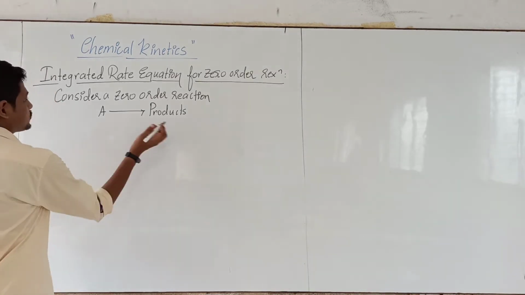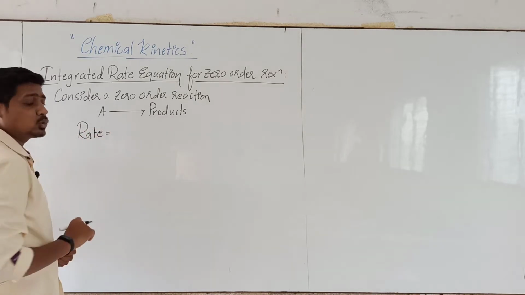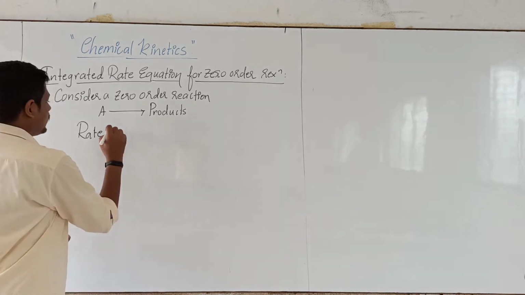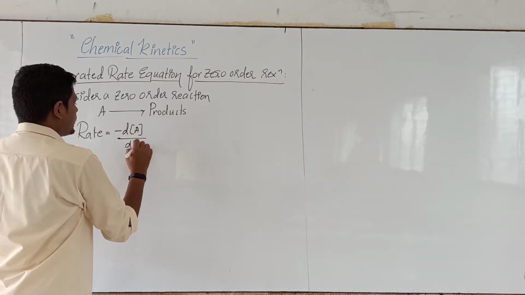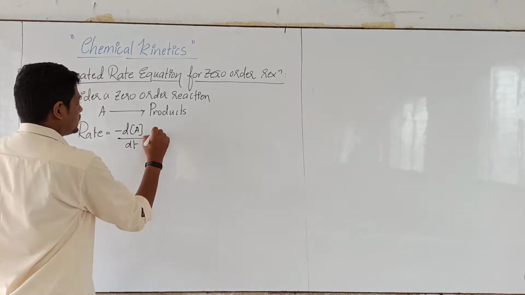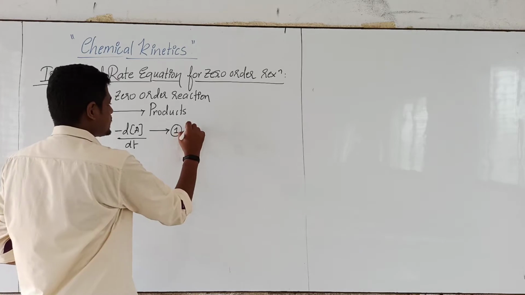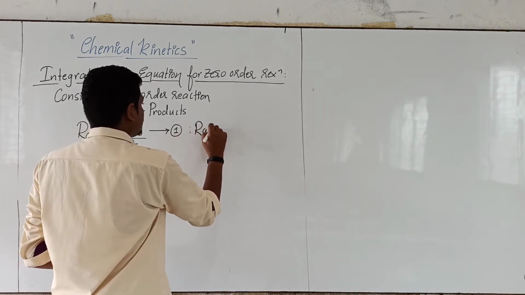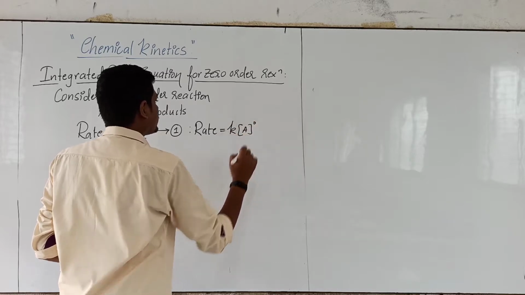How do we write the rate equation? We know there are two differentiated equations, so we can write rate as minus dA upon dt. Let us say this is equation 1. Another equation is rate is equal to k into A to the power 0.